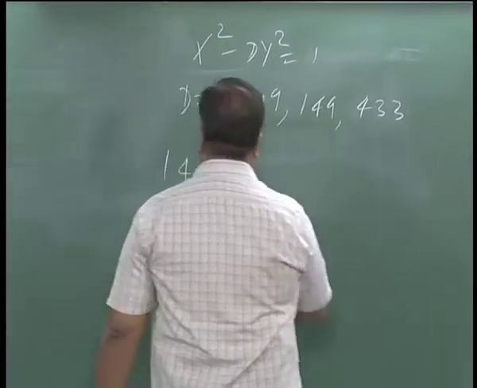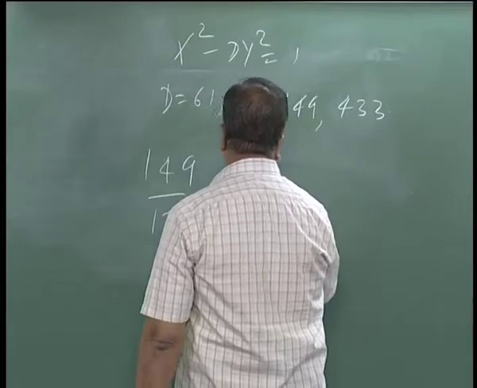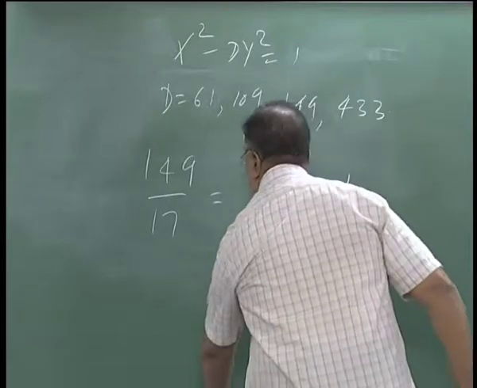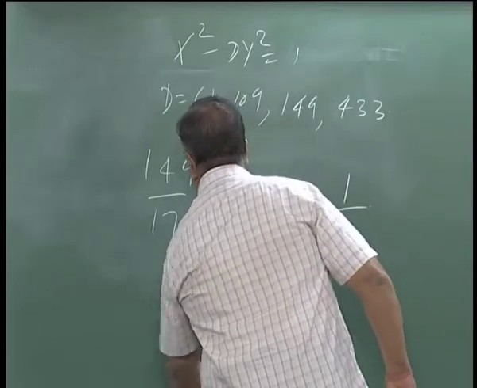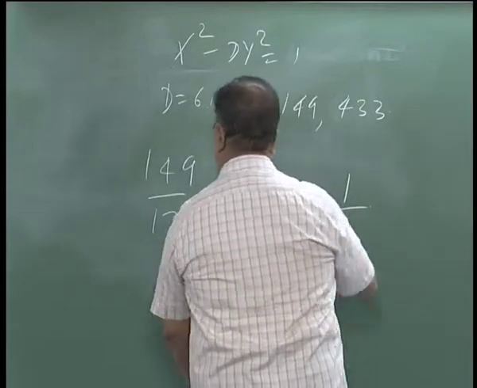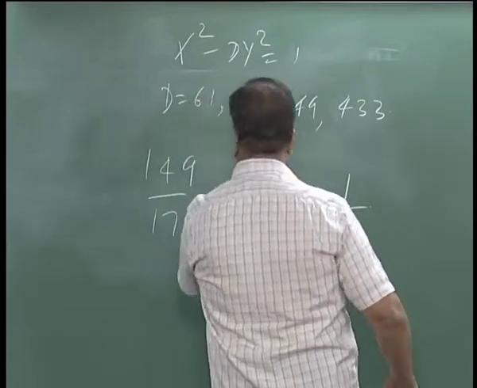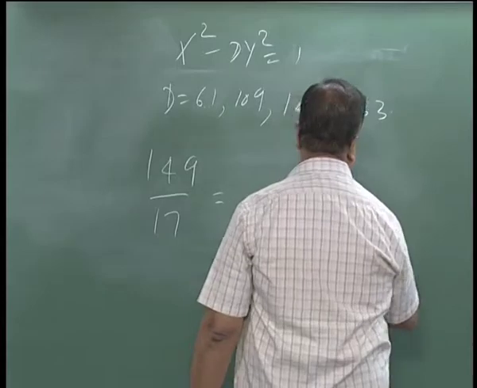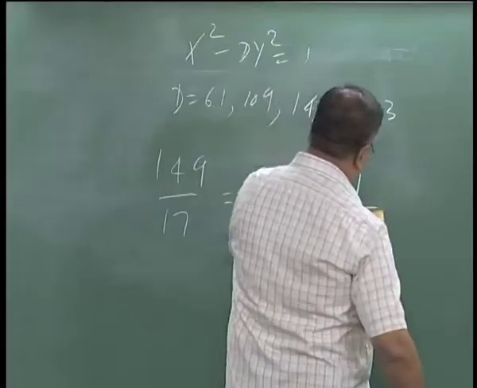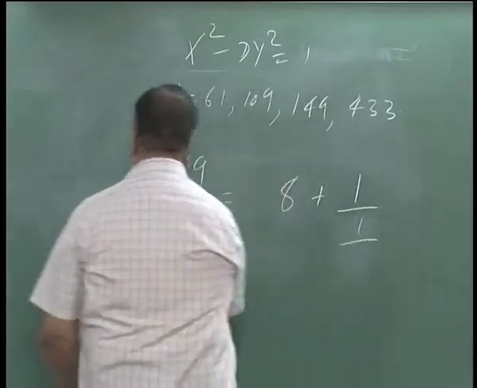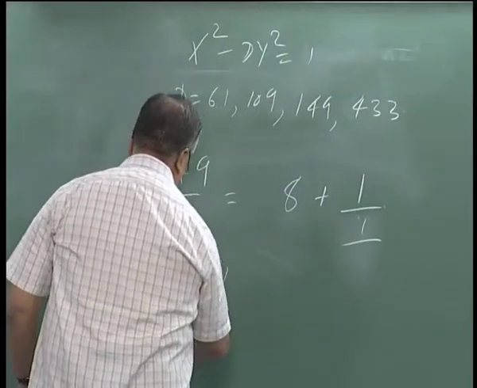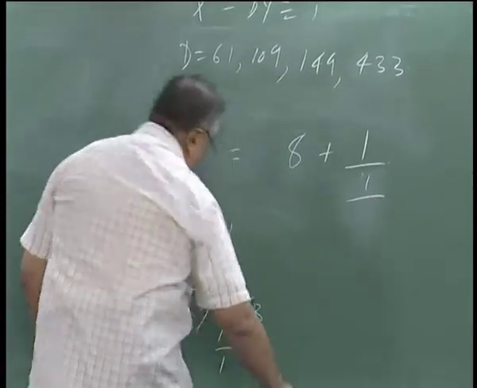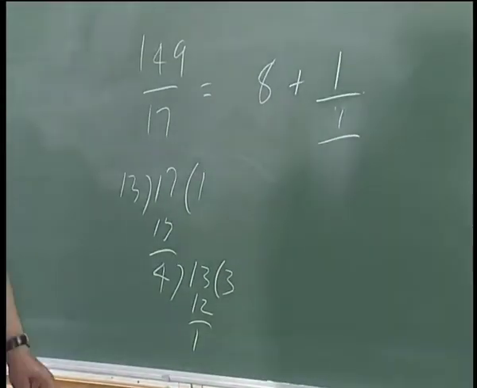So basically this is 8 plus 1 over... no, 9... 8 only. 80 plus 136, so 13 by 17, right? So now invert this, so this is 1 over... you are seeing some similarity with what we were doing earlier.